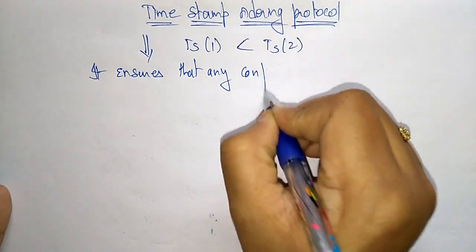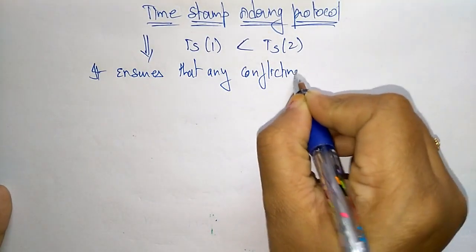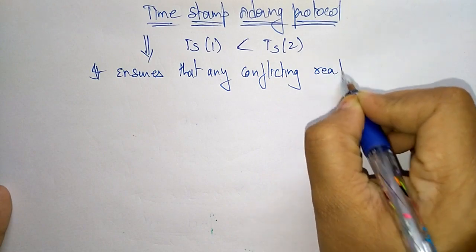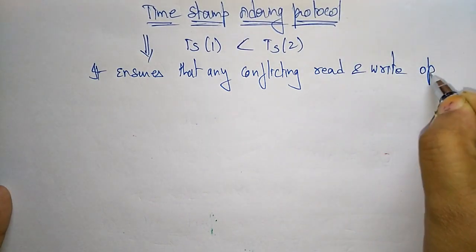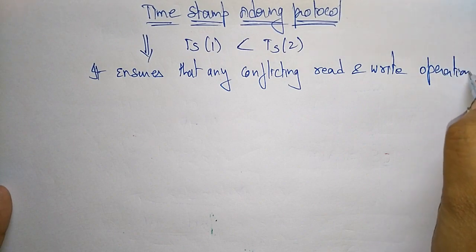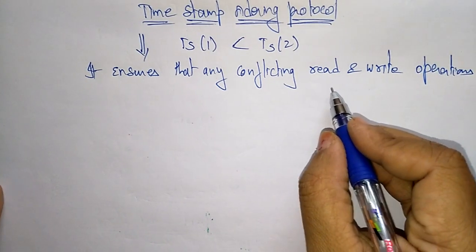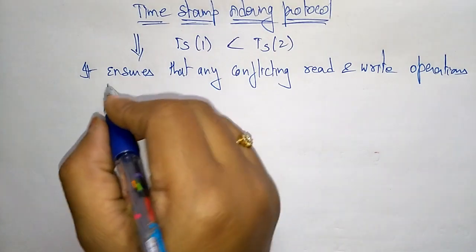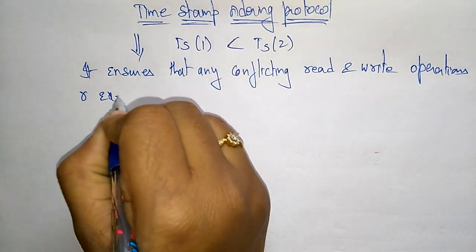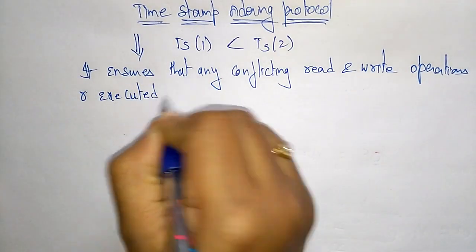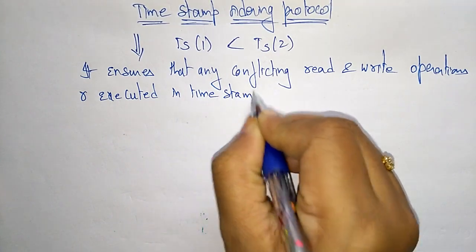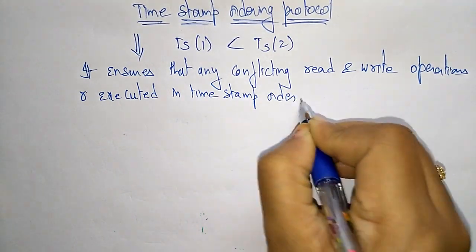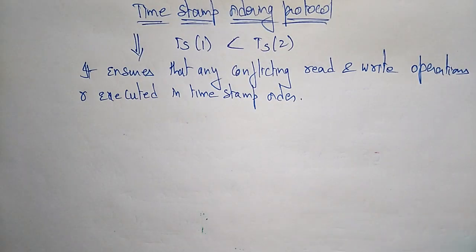It ensures that any conflicting read and write operations are executed in timestamp order. That you call the timestamp ordering protocol.